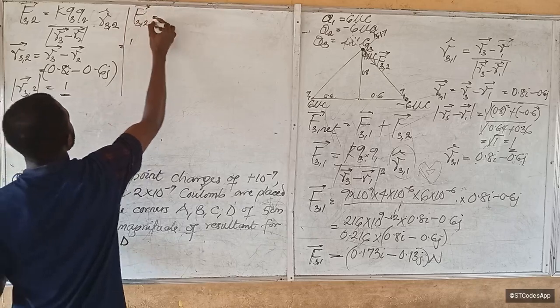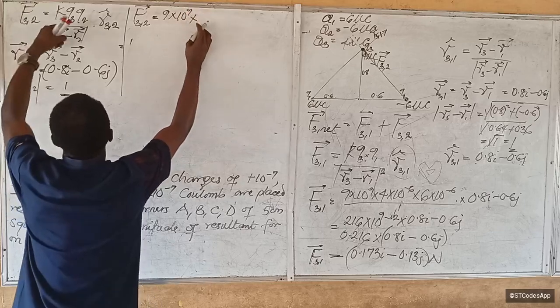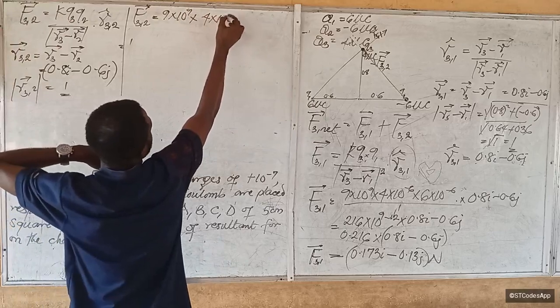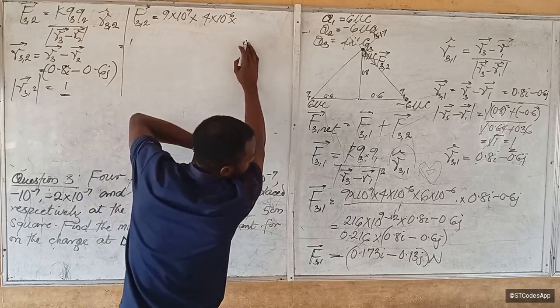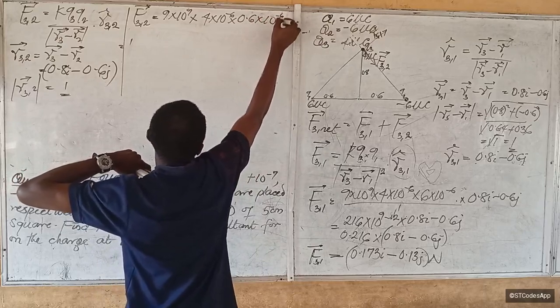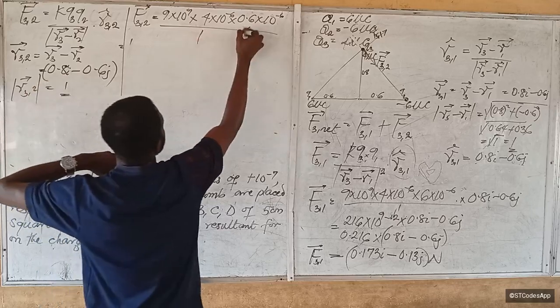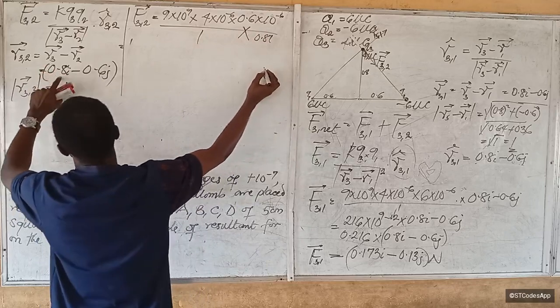So F3,2 will now be equal to K, which is 9 times 10 to the power 9, times Q3, 4 times 10 to the power minus 6, times Q2, minus 0.6. You see, I didn't even include the minus. All over our unit vector, 1 times 0.8i, our unit vector.